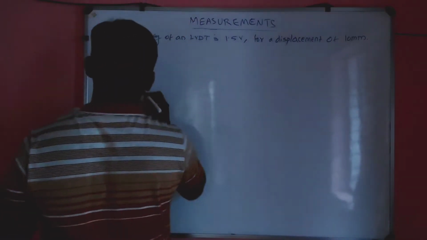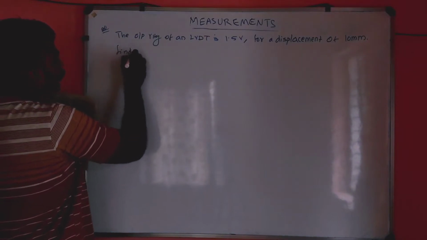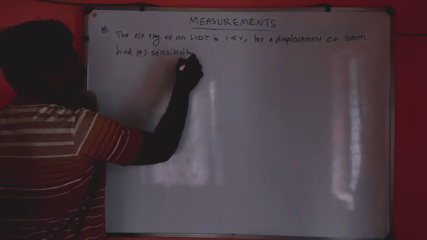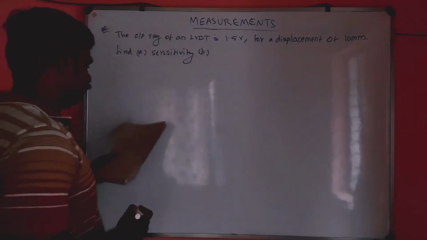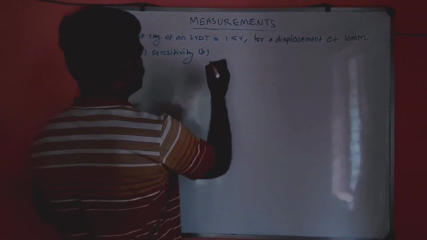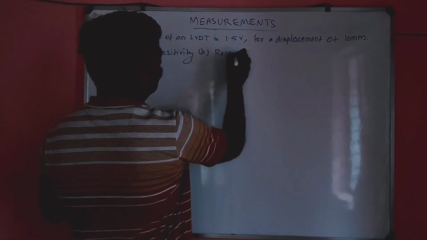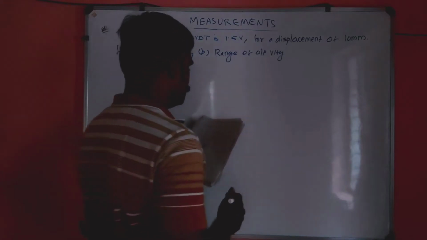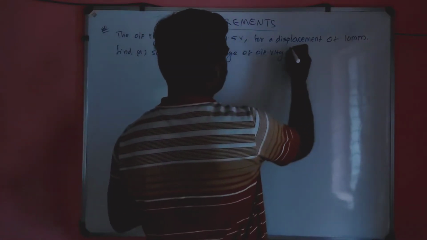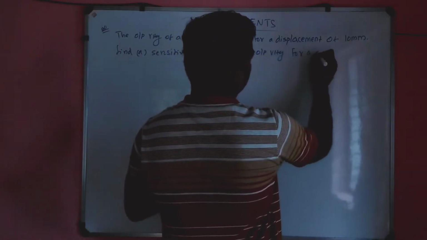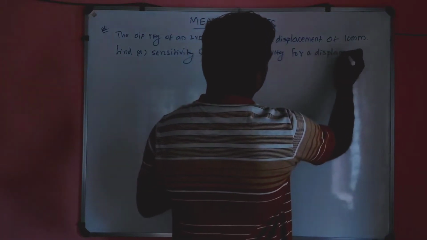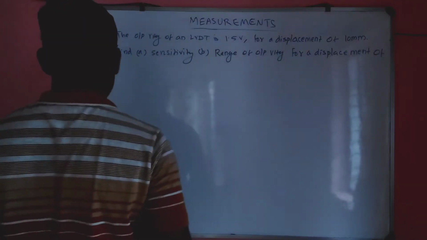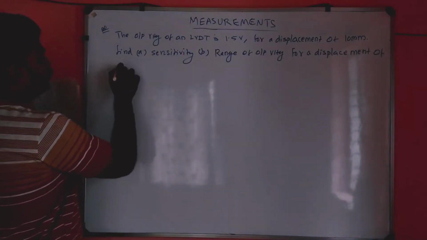Find A, the sensitivity, and B, the range of output voltage for a displacement of 2 mm.